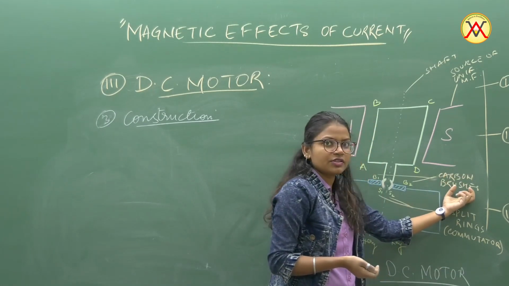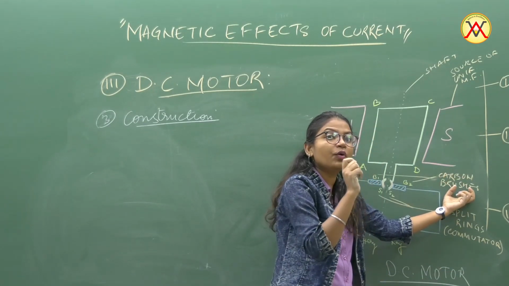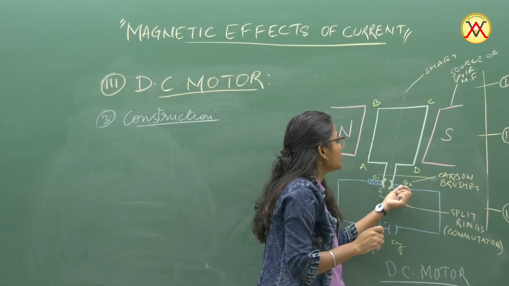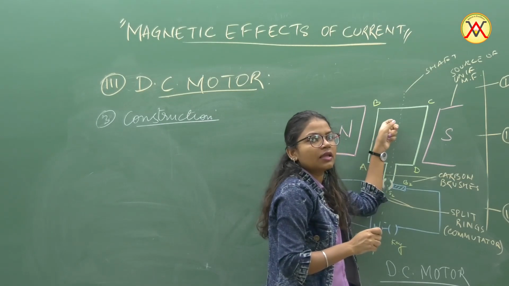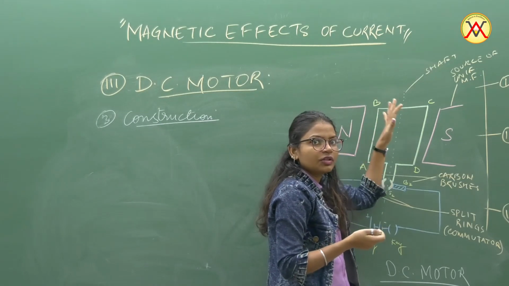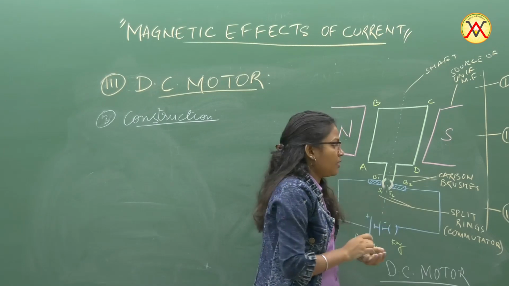Role of our carbon brushes. Carbon brushes help only in the continuous flow of current through the coil.